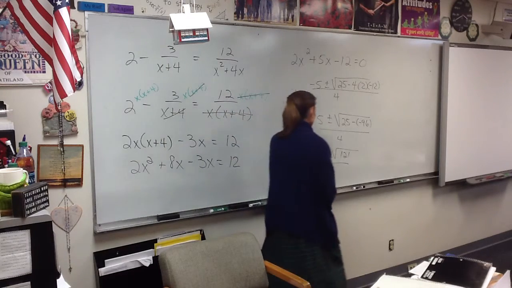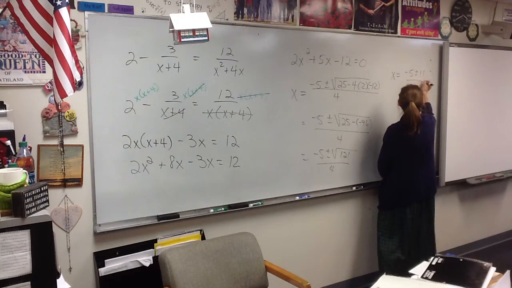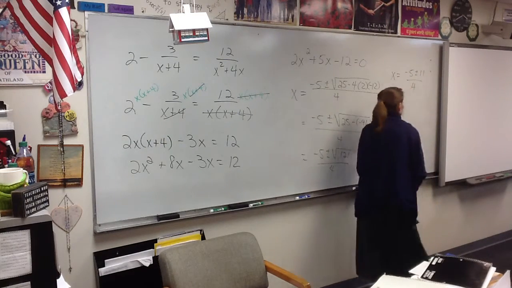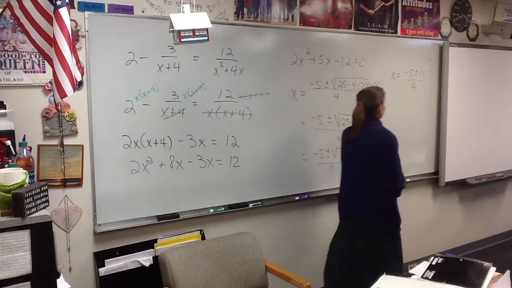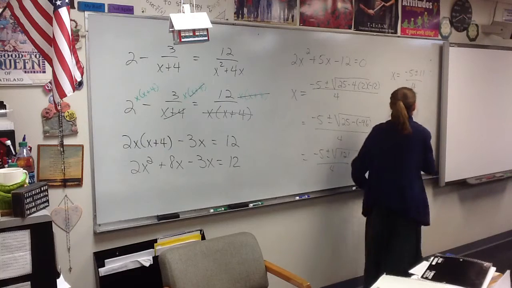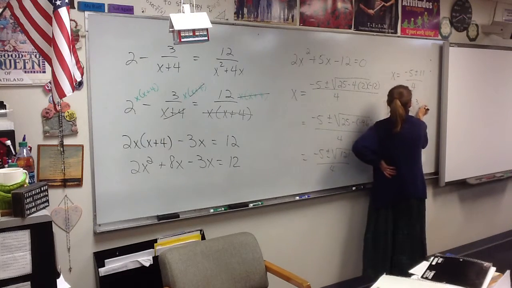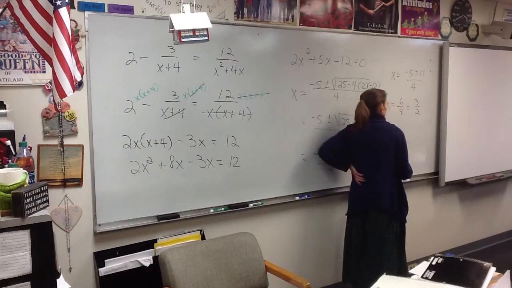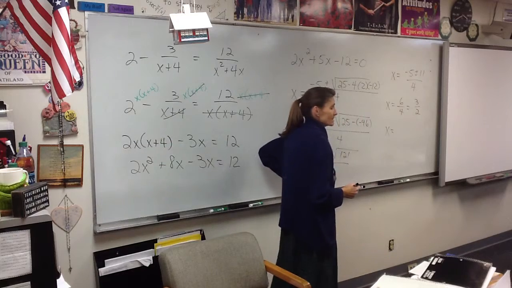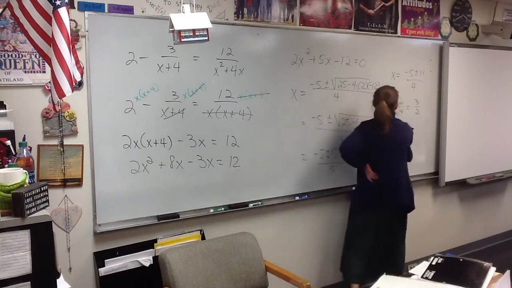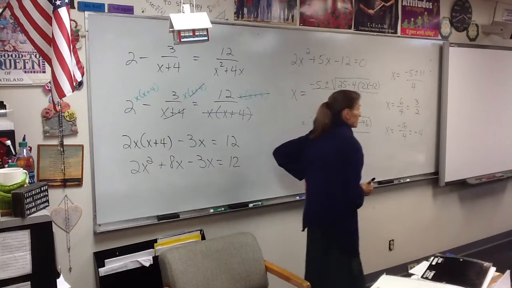Because it's 11. So x equals negative 5 plus or minus 11 over 4. What is negative 5 plus 11? 6 over 4 would be 3 over 2, one of your answers. What is negative 5 minus 11? Your other answer is negative 4.